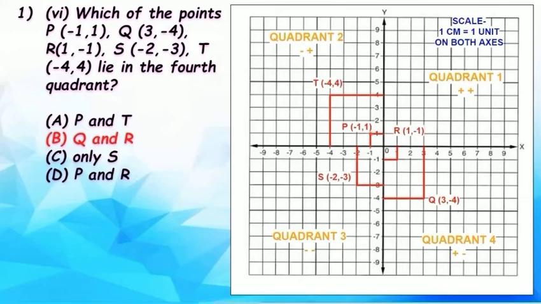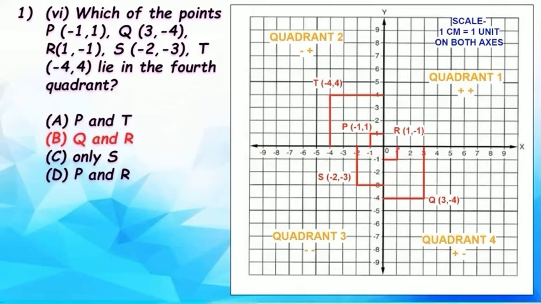Point Q has x coordinate 3, which is here, and y coordinate -4, which is here. Again we draw lines passing through these 2 points and the intersection of these 2 lines will be the location of point Q with coordinates 3, -4. Similarly, R has x coordinate 1 and y coordinate -1. So on the x-axis we locate 1.